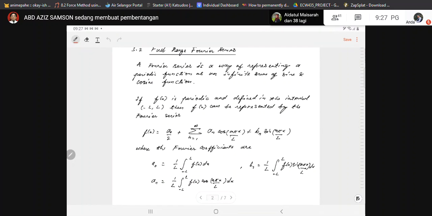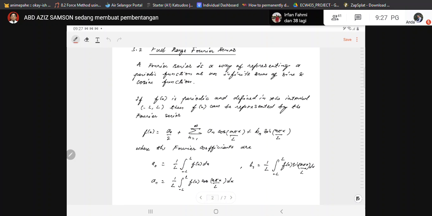A Fourier series is a way of representing a periodic function as an infinite sum of sine and cosine functions. We can have a Fourier series of an expression if the function is periodic. What is meant by a periodic function?